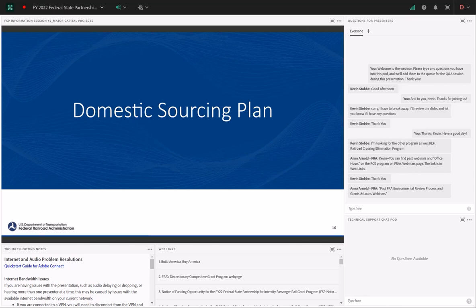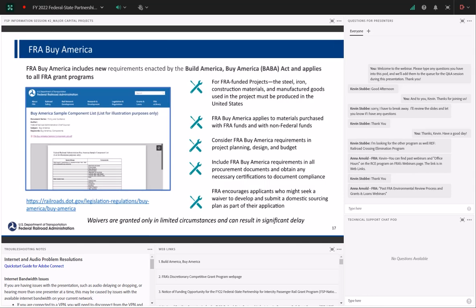So the big question, what is the domestic sourcing plan? Well, all FRA programs require compliance with Build America, Buy America, and on our website we have a link that outlines some of the requirements. In general, the Buy America, Build America requirements focus on projects needing to use steel, iron, construction materials, and manufactured goods that are produced in the United States.